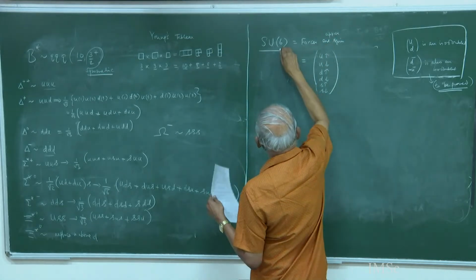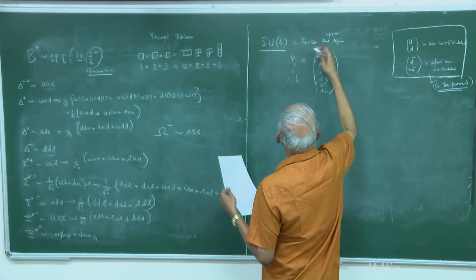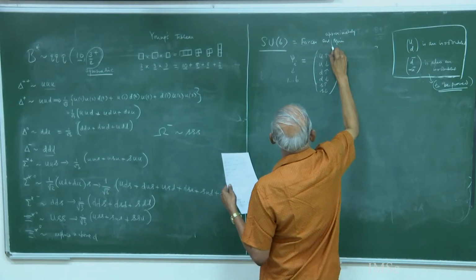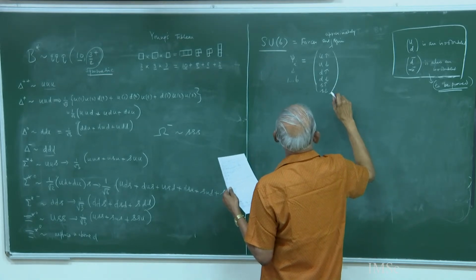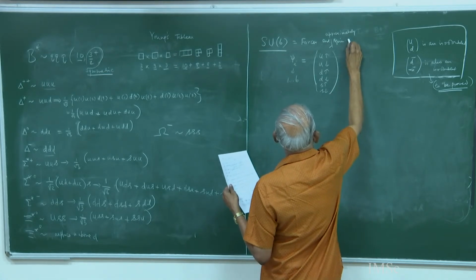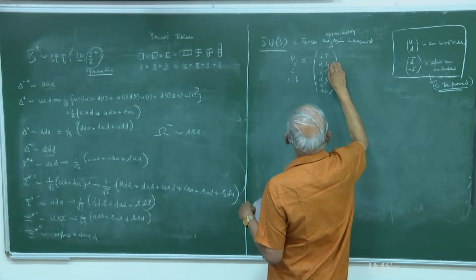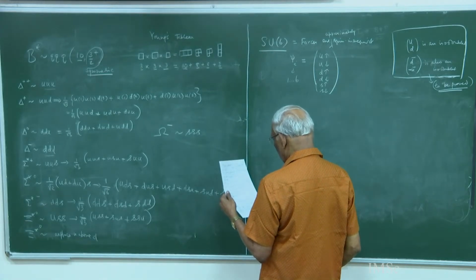It is even more badly broken than SU3, which is badly broken as compared to SU2. The higher symmetries are more and more badly broken, but still they are important in understanding the classification. Forces are approximately spin independent. Whether it is spin up or spin down, the forces are approximately the same. So it is a bigger symmetry.